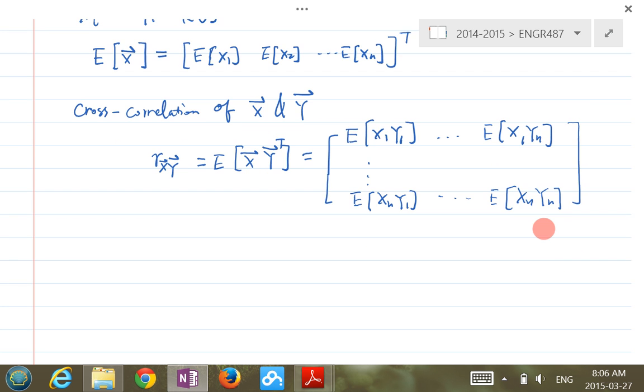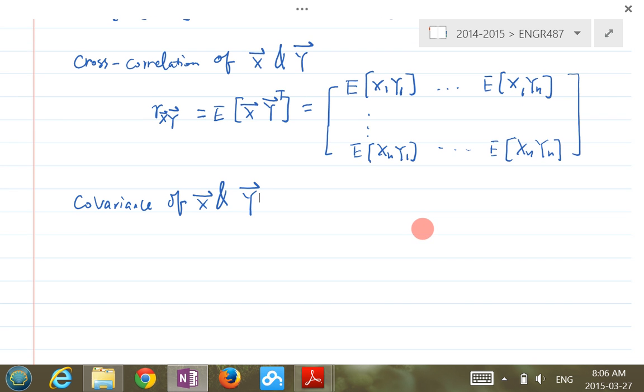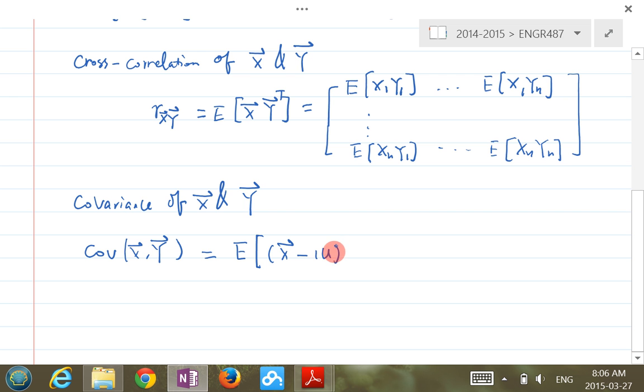And the covariance of x and y. You have two random vectors, and we still use COV for covariance here. The definition is still the same: the expected value of x vector minus its mu, times y minus mu y transpose.